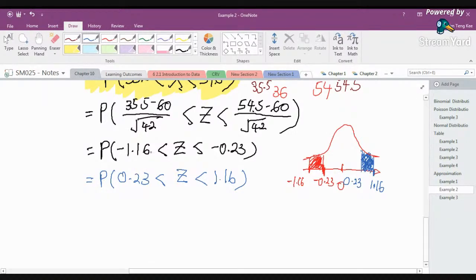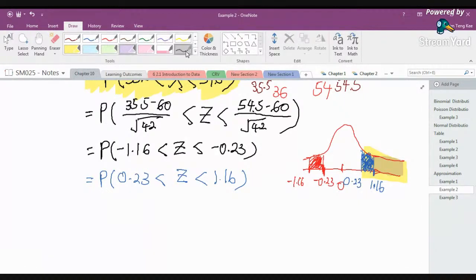Then go on from here. If I refer to the regions in black and the regions in blue, in order to calculate the region in blue, I can consider the region that I highlighted in yellow, all the way from 0.23 until infinity, minus the region I shade in purple, which is from 1.16 until infinity.